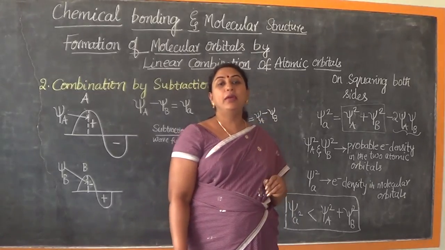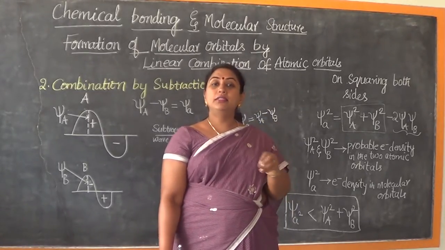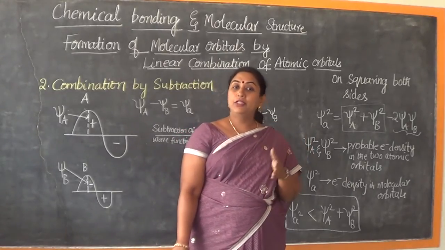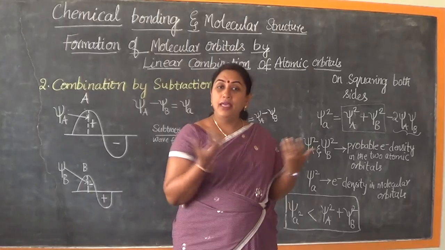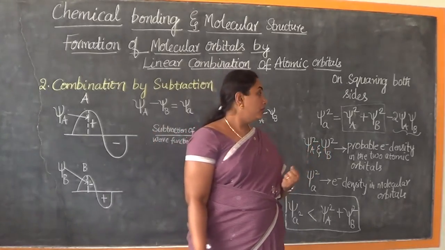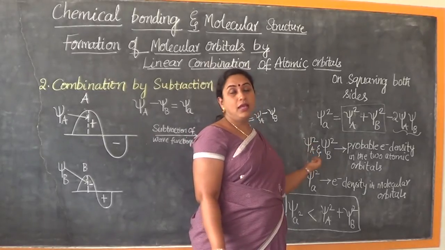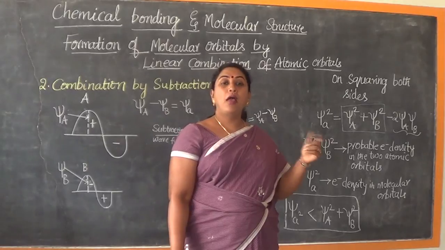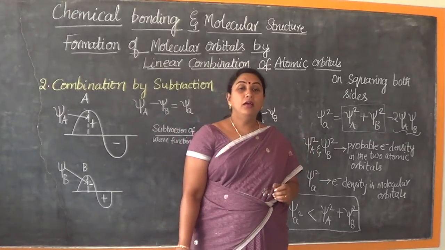Then where should we be locating the electron density in that anti-bonding molecular orbital? The probability of finding the electron density away from the nuclei is more than between the nuclei. So this anti-bonding molecular orbital will always possess more energy.